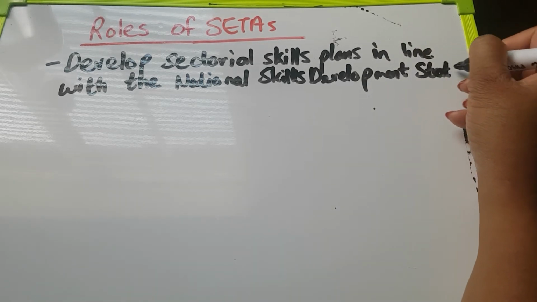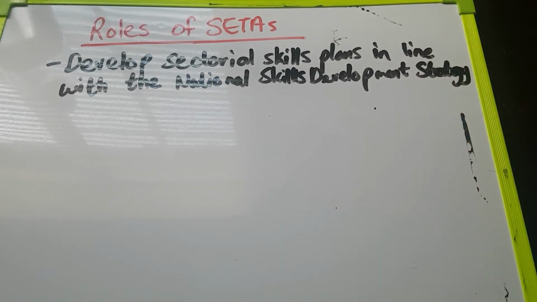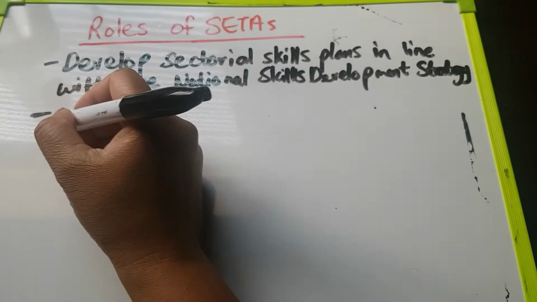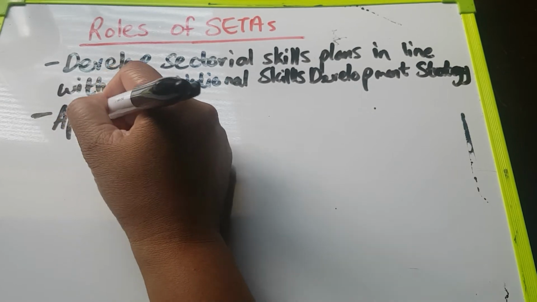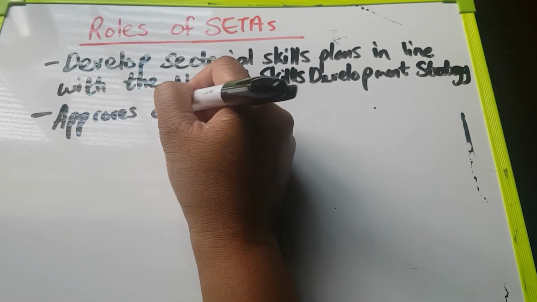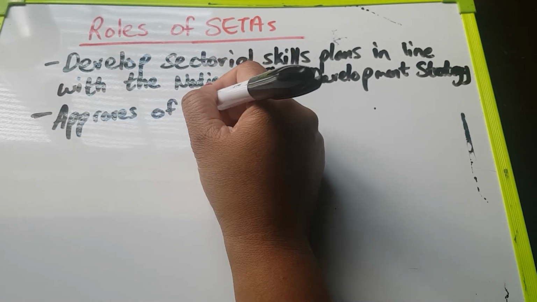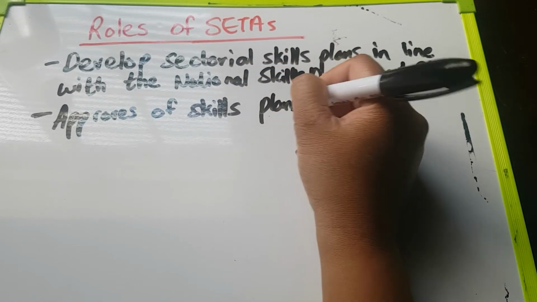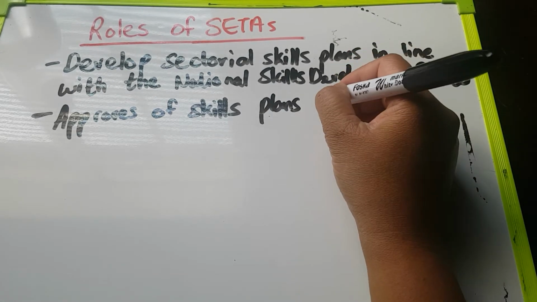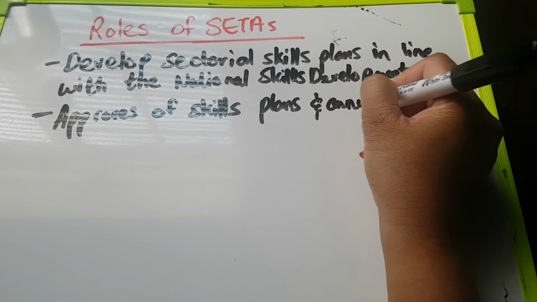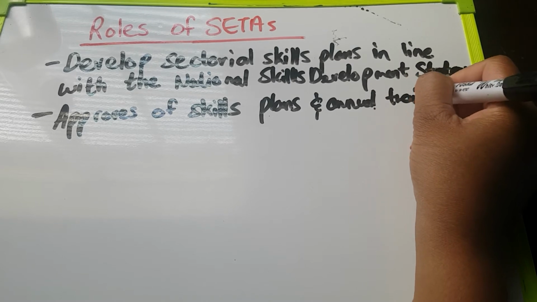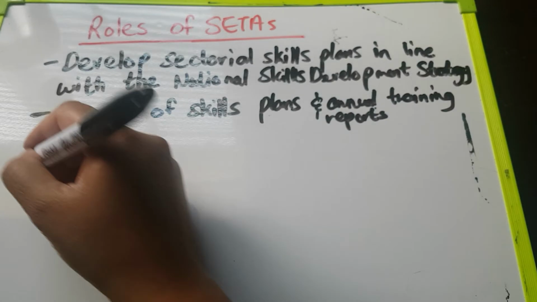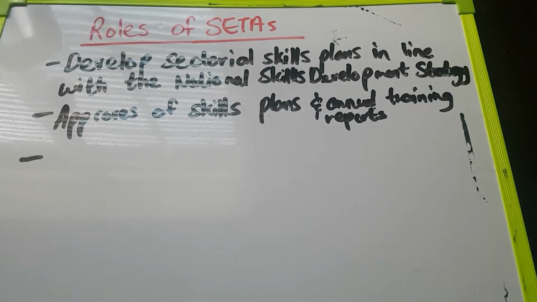Now we'll look at the National Skills Development Strategy a bit later on in our lessons. Okay, number two, approves of skills plans and annual training reports.